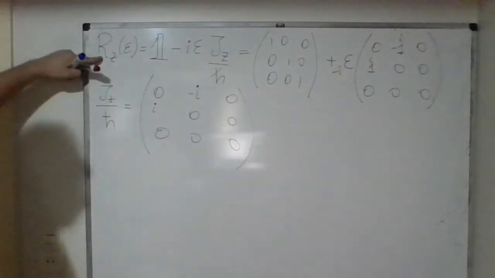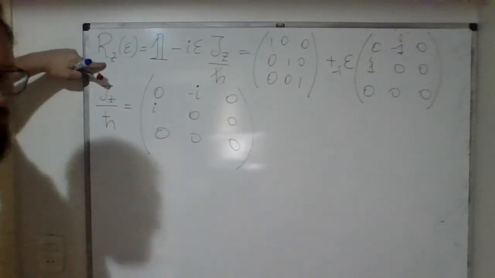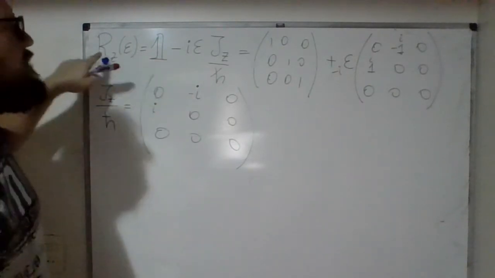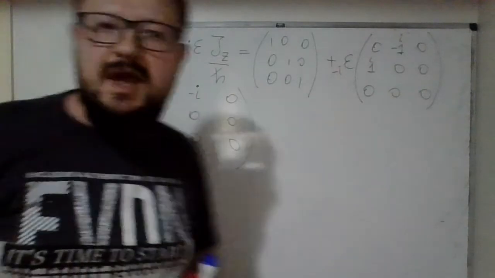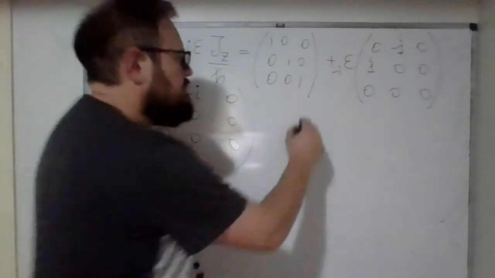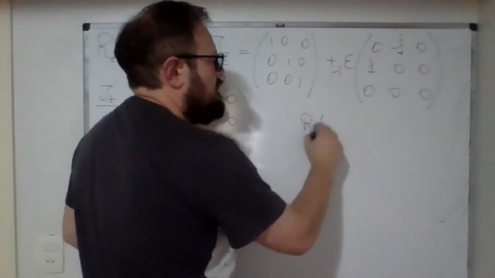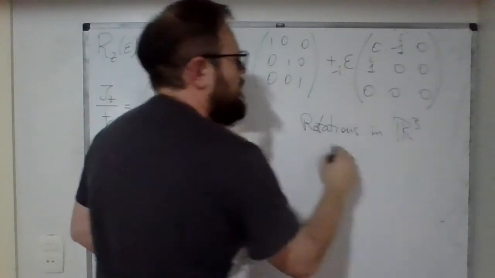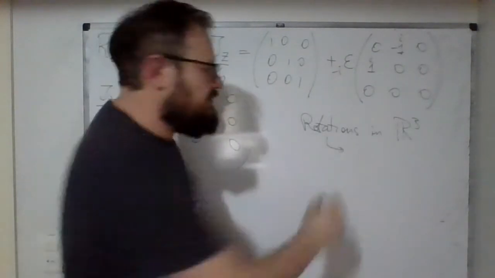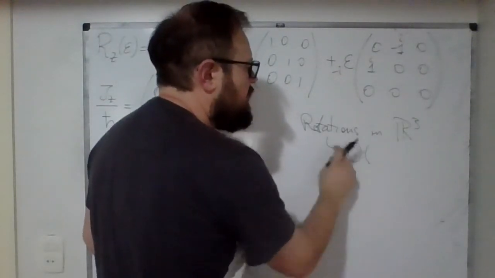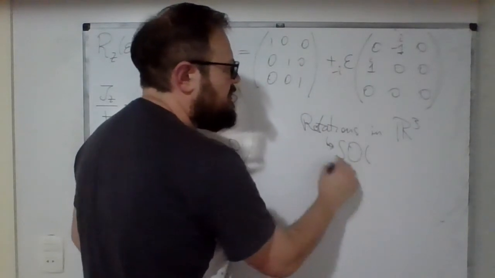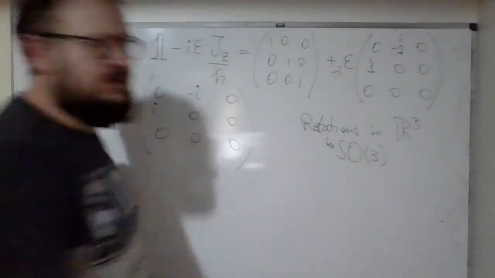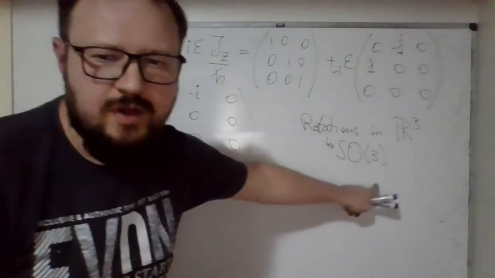And in this way, the rotation around Z can be done by a unitary matrix. As a matter of fact, rotations in R3 correspond to matrices which are called special orthogonal, special because the determinant is 1, orthogonal of 3 dimensions.